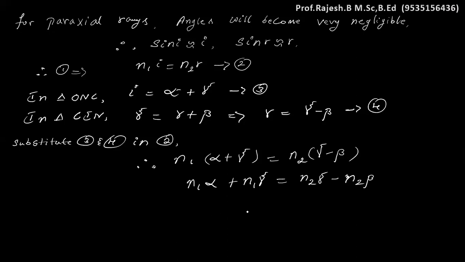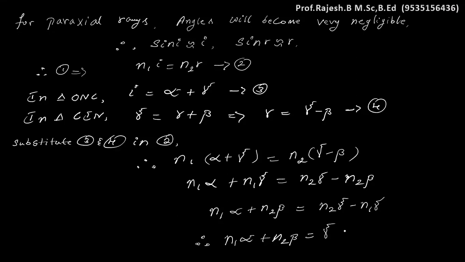Now take the gamma terms to one side. N1 alpha plus N2 beta equals N2 gamma minus N1 gamma. Taking gamma common, N1 alpha plus N2 beta equals (N2 minus N1) gamma. Call this equation 5.